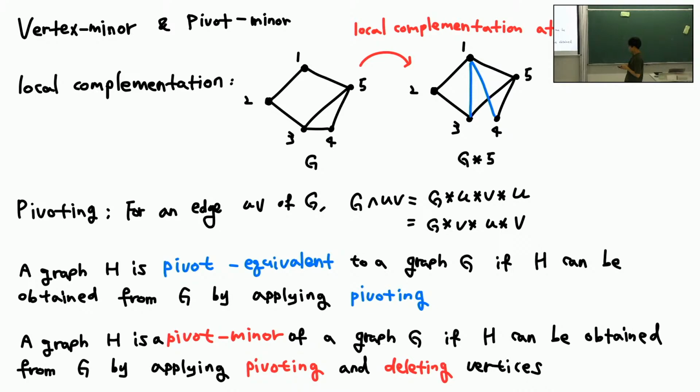We can say something similar for the pivot case. Graph H is pivot equivalent to graph G if H can be obtained from G by a sequence of pivoting, and H is a pivot minor of graph G if H can be obtained from G by applying pivoting and deleting vertices.